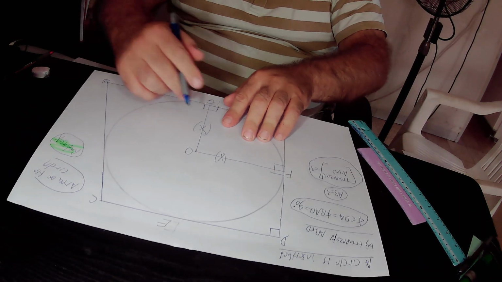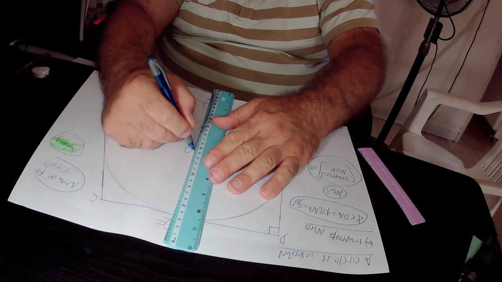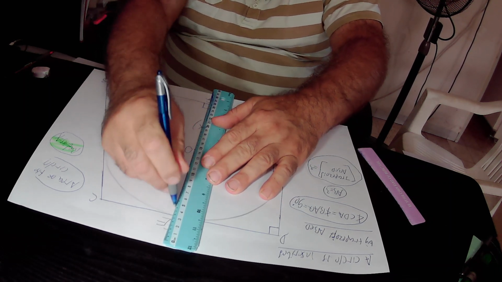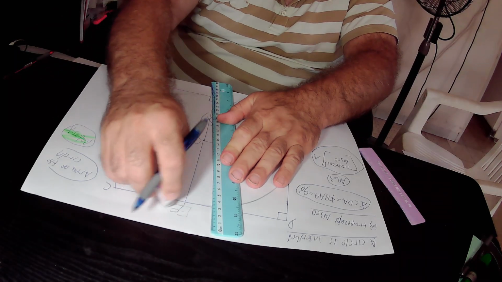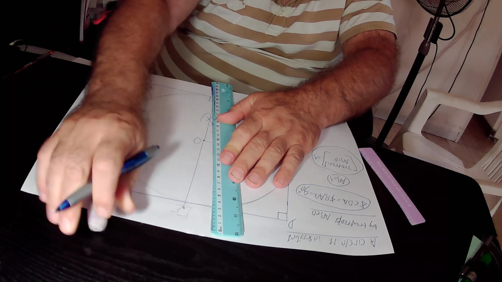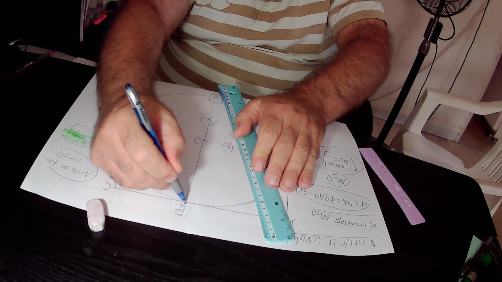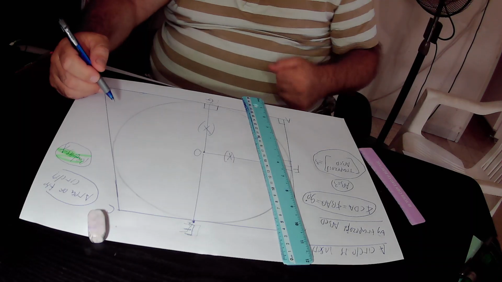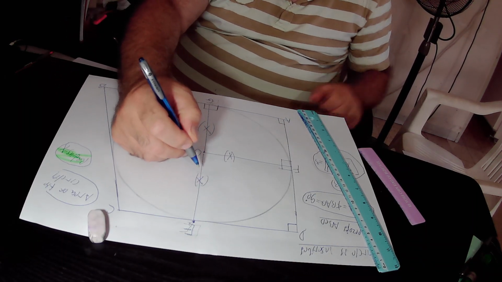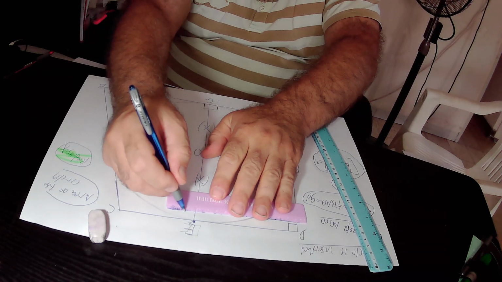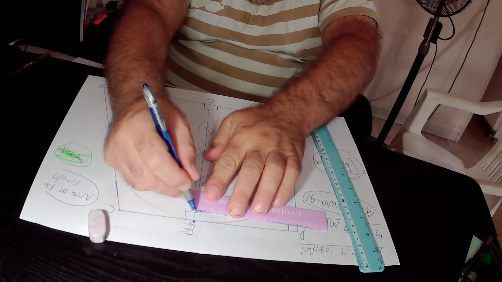We join points O and E together by a straight line. OE is of course the radius of this circle, equal to x. And according to rule 1, this angle equals 90 degrees. And this angle also equals 90 degrees.